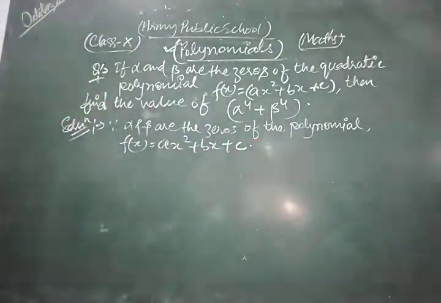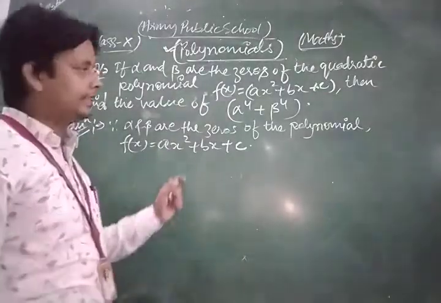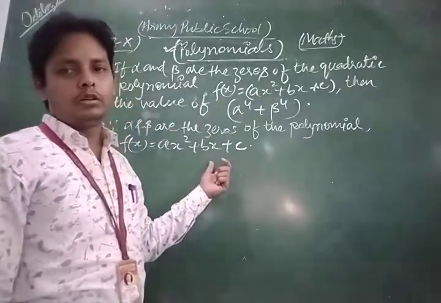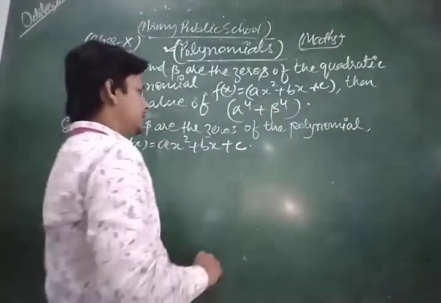It is given that, according to the question, alpha and beta are the zeros of the given polynomial.